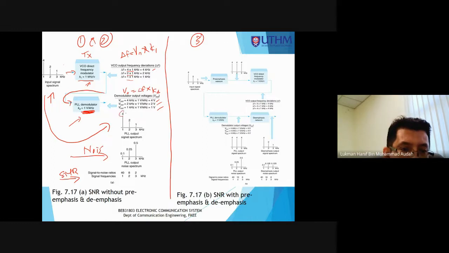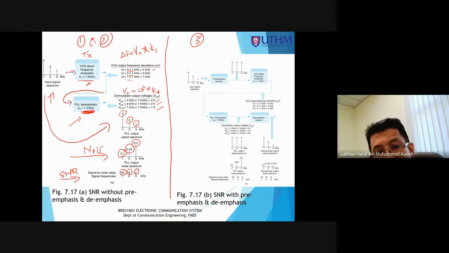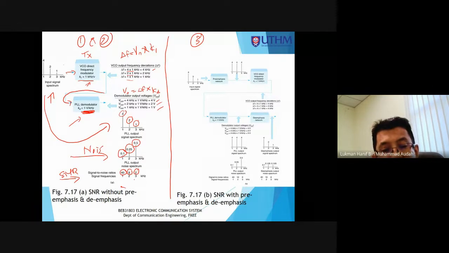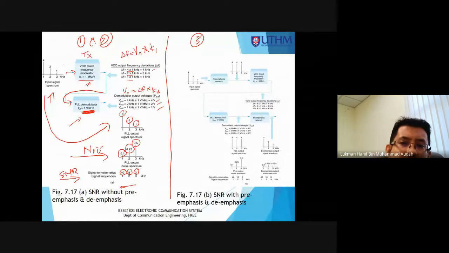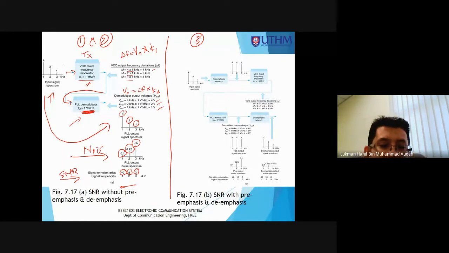So 4 volt divided by 0.1, we get 40 at 1 kHz. 2 volt divided by 0.25, we get 8 at 2 kHz. 1 volt divided by 0.5 volt of noise, so we get 2 SNR at 3 kHz. Notice that the SNR decreases for higher frequencies. So what happens is the SNR becomes smaller.